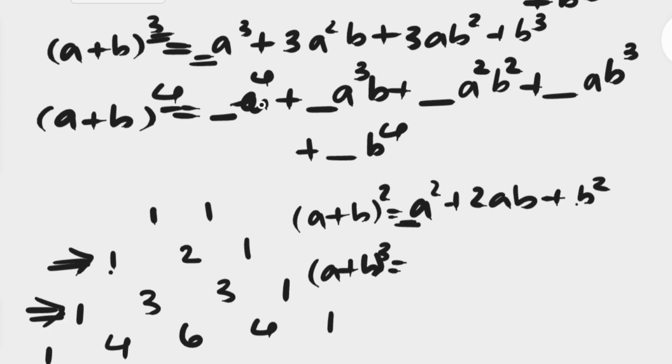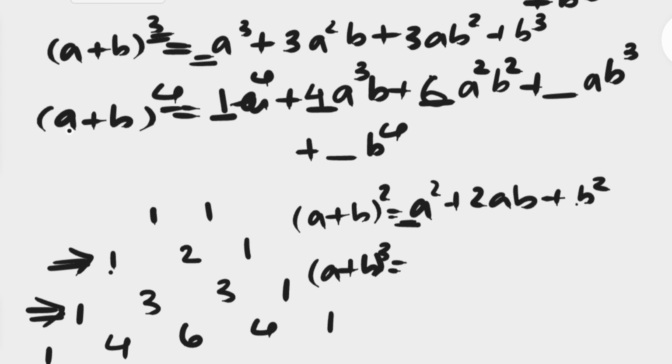Here a raised to 4 has coefficient 1, so it is 1. The next one is 4, so the coefficient of a cube b is 4. The third number is 6, so the third term has coefficient 6. Remember, the pattern is applicable only when we write the expansion like this.